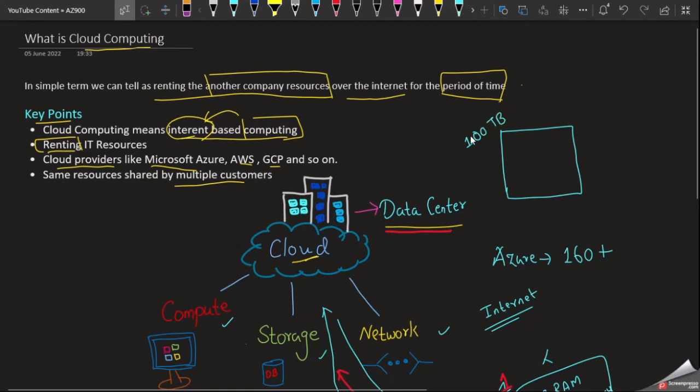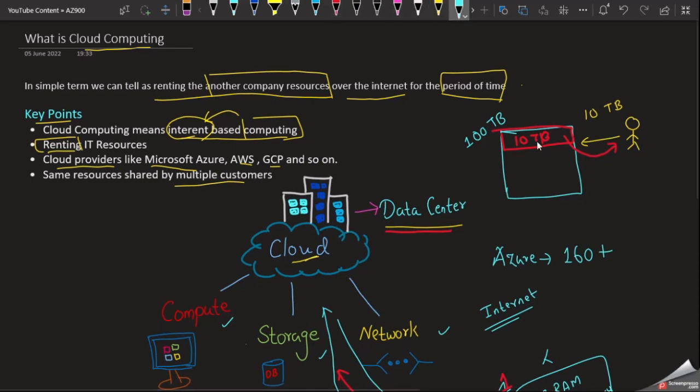Now one customer comes to the cloud and asks for 10 TB of memory. Then the cloud splits this hardware for 10 TB, and it is provided to this customer.